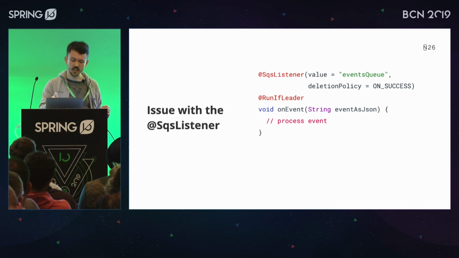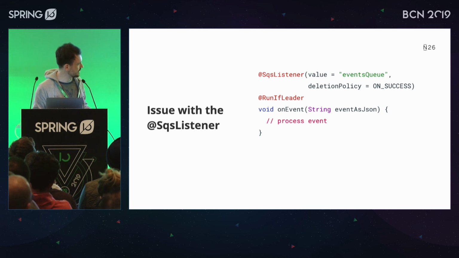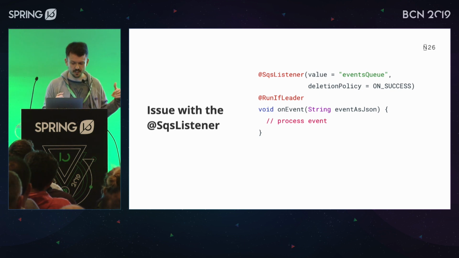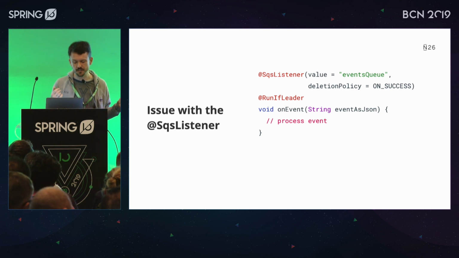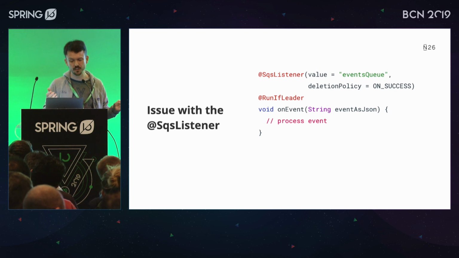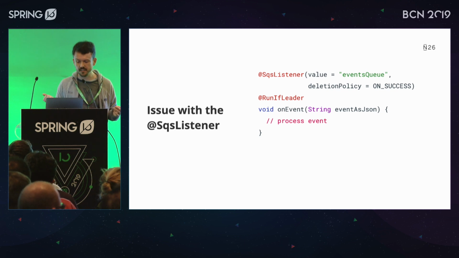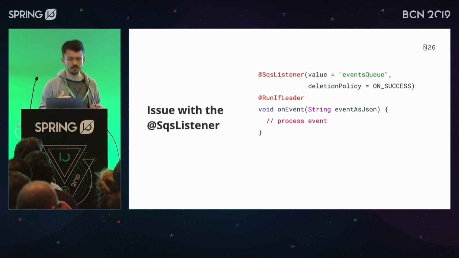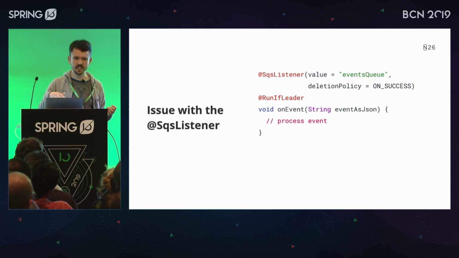Having that, we could implement something like an onEvent method that you have here, and you can see that the definition of that is pretty easy. You just say, okay, this is the value, in this case the name of the queue that you want to listen to, and this is the deletion policy for when something should be removed from the queue. This ON_SUCCESS means that if the method proceeded without any exception, it was all good, so now the message can be removed.